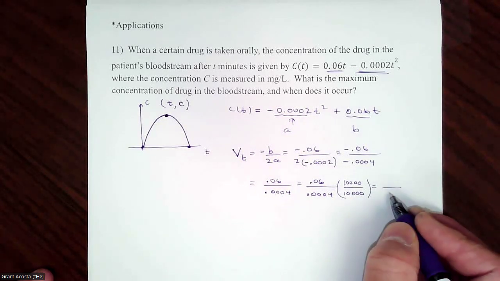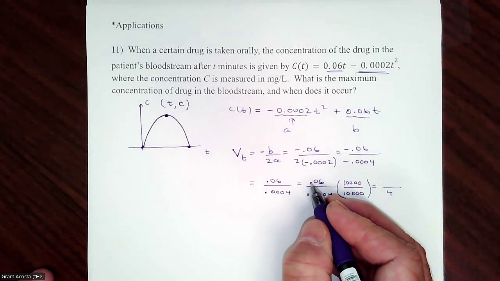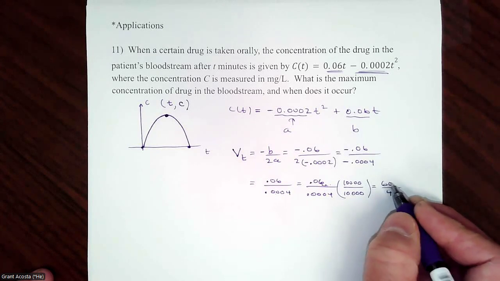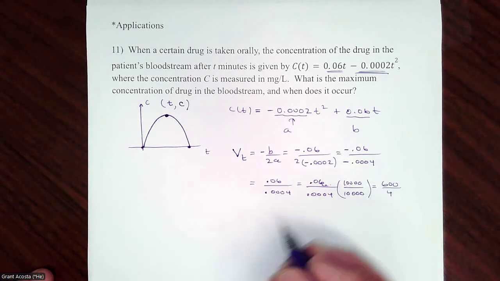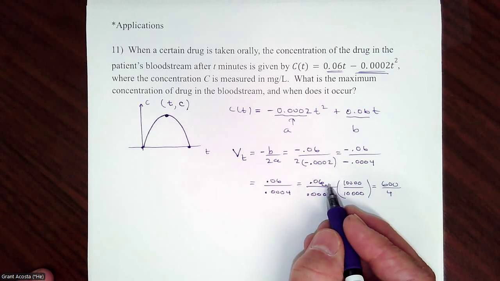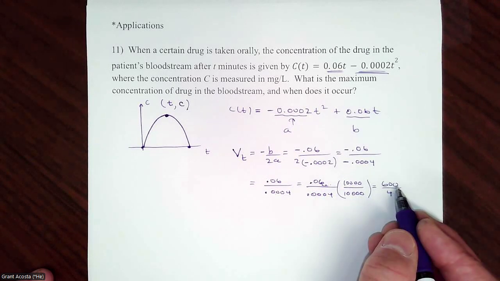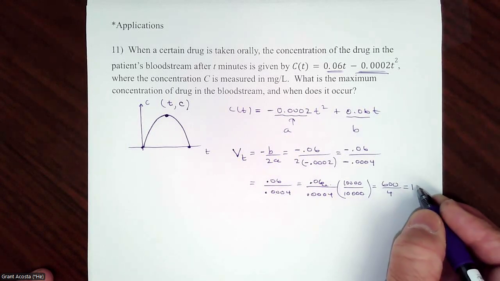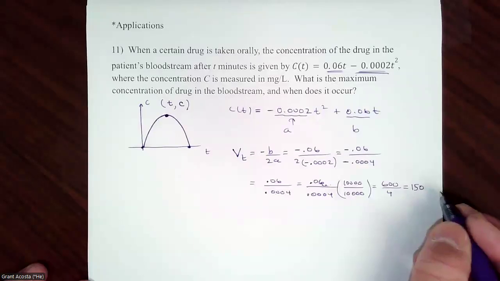So at least the denominator will be 4. In the numerator, if I move it over 2 places, it'd be 6. Move it over 1 more, in other words, add a 0, that'll be 60, and then 1 more would be 600. And 600 divided by 4 is 150.